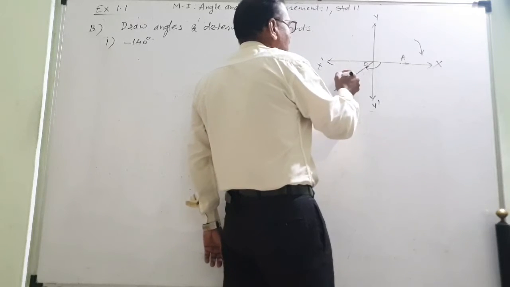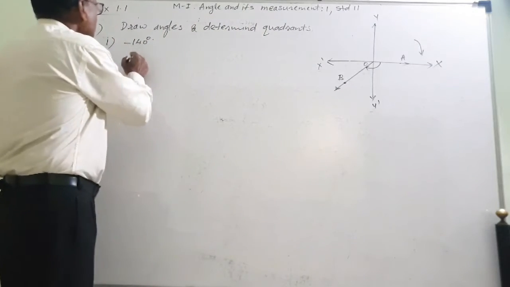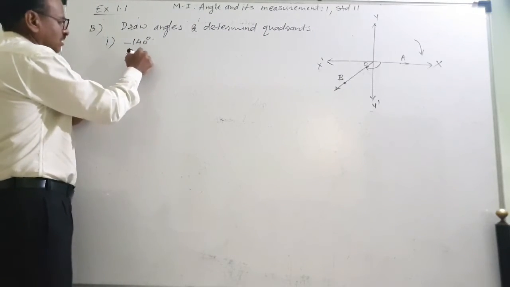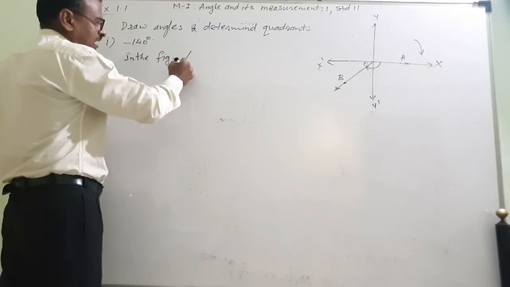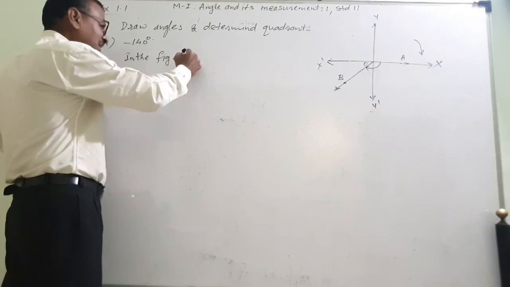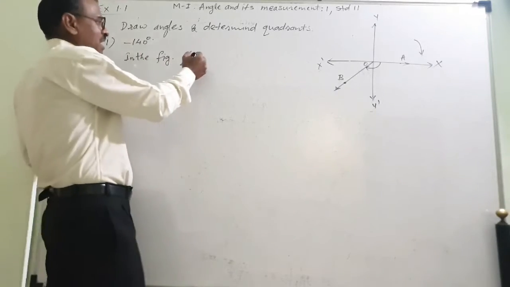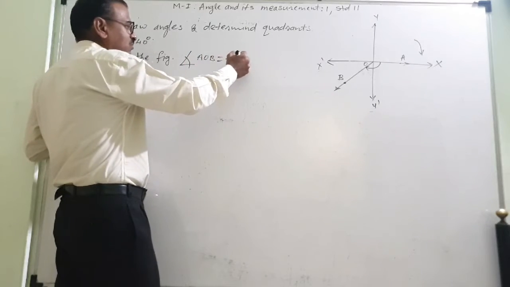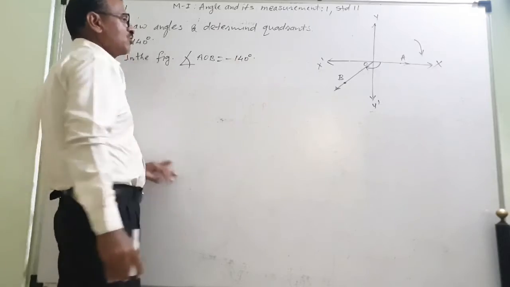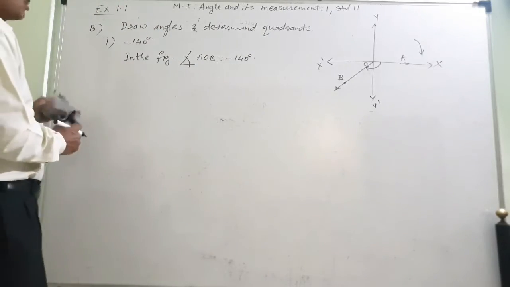The point here you will name B. So in the figure, which is this angle? It is a directed angle. Such a sign is given. AOB is equal to minus 140 degrees because you are going in the clockwise direction. Hope that you have understood this.